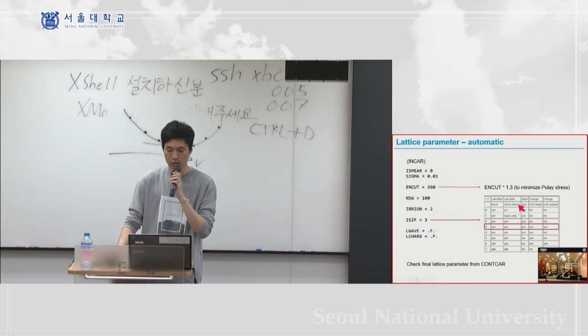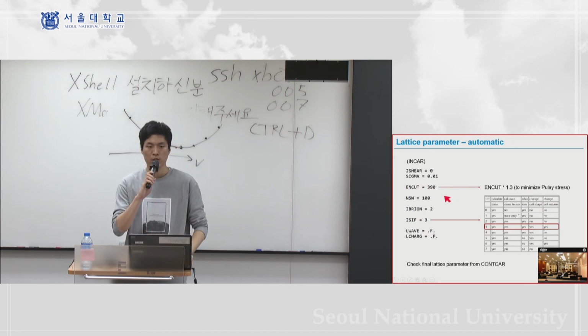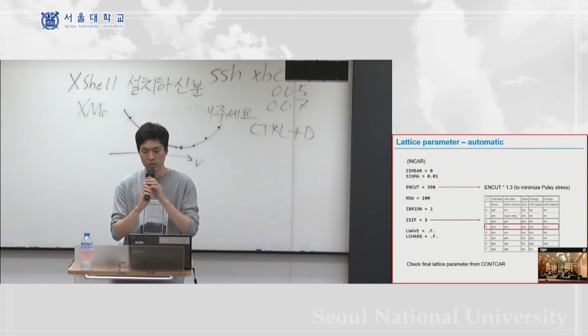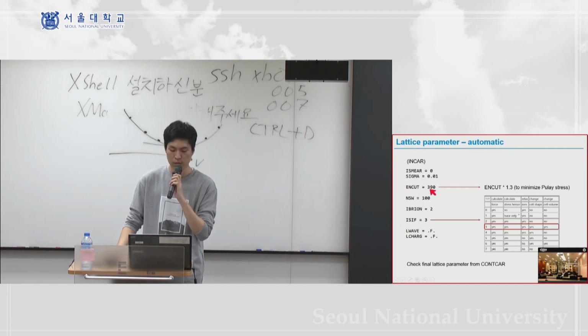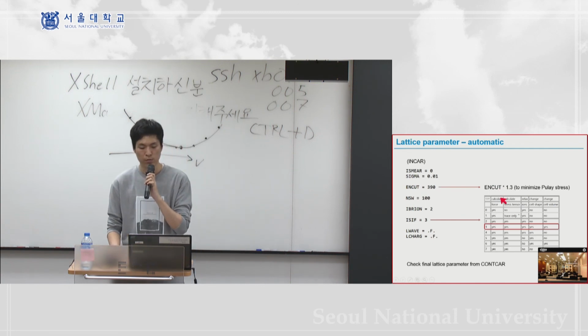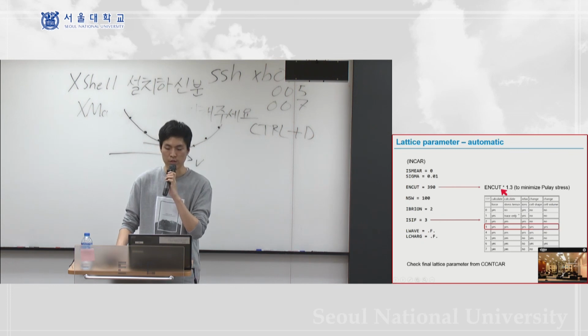That means you're going to change not only the ionic positions, but also the cell volume and cell shape. If you run this simulation, it will automatically relax the cell parameters to their equilibrium value. One thing to notice here is that you will need to use a cutoff energy higher than the converged value, for example, 1.3 times the converged cutoff energy.